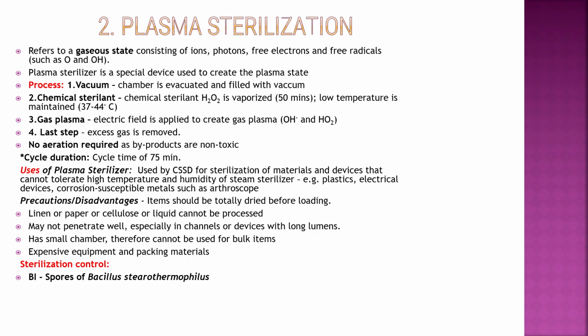Linen, paper or cellulose and liquids cannot be processed. It may not penetrate well, especially in channels or devices with long lumen. It has a small chamber, cannot be used for bulky amounts, and has expensive equipment and packing materials. Sterilization control is the biological indicator: spores of Bacillus stearothermophilus.